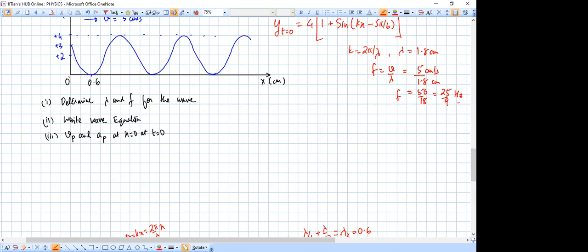So now our wave equation, so lambda should be 1.8 centimeters. Yeah, we can also write it as a sine square graph, but then there'll be some modifications. Okay, so that will become equivalent to this.